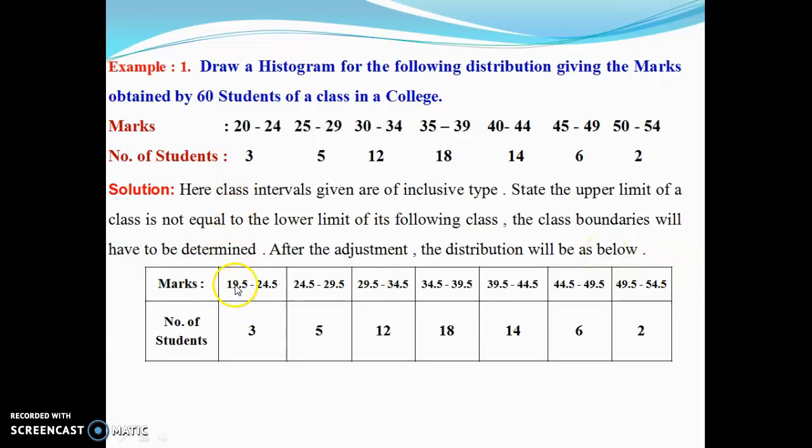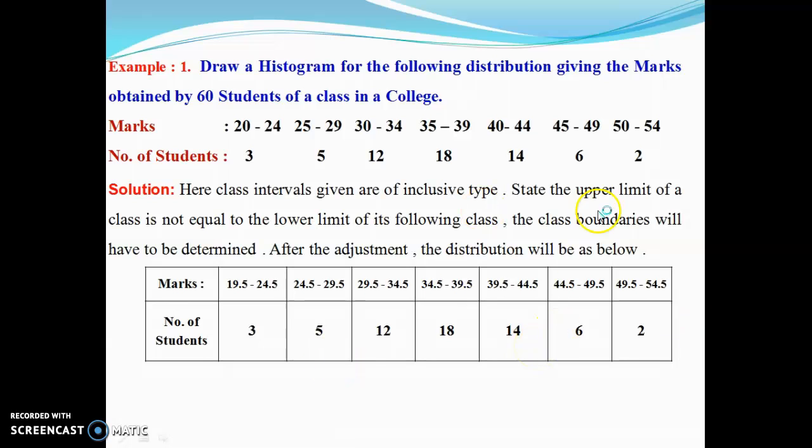Here we take class intervals that are continuous. The marks are 19.5 to 24.5, again 24.5 to 29.5, and so on, up to 49.5 to 54.5. So this is the continuous data, and there is no change in the corresponding frequencies.